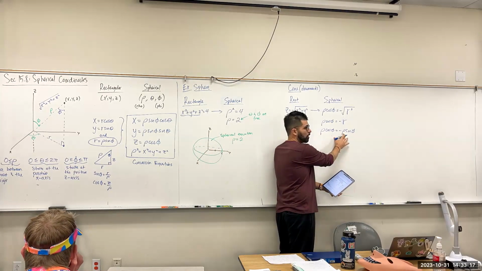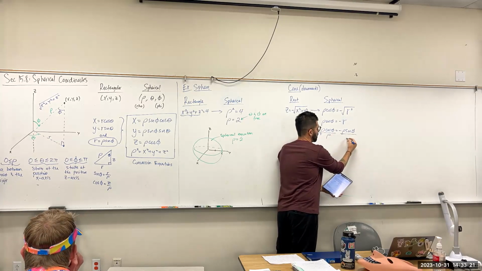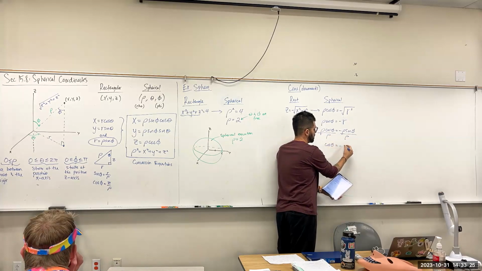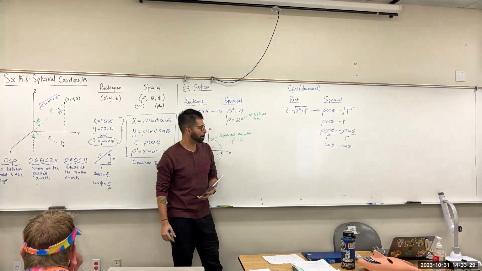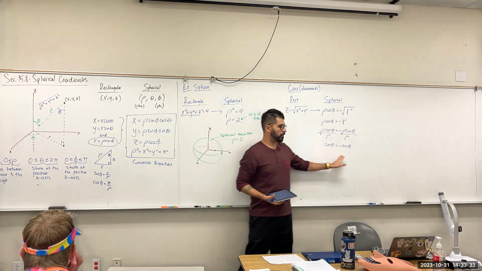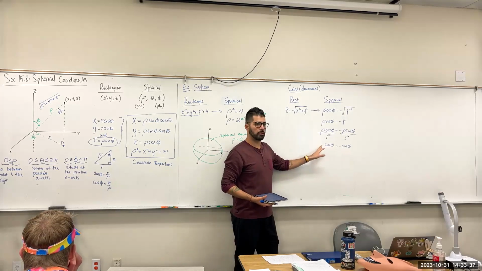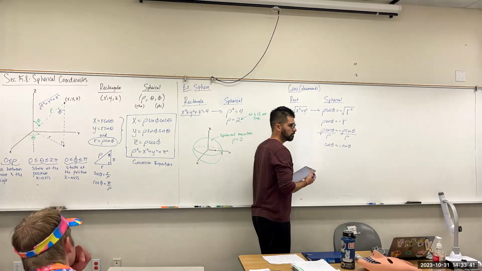See how they both have a rho? We can simplify. Divide both sides by rho. So you get cosine phi is equal to negative sine phi. We can simplify some more. What do you guys want to divide by here? Sine.